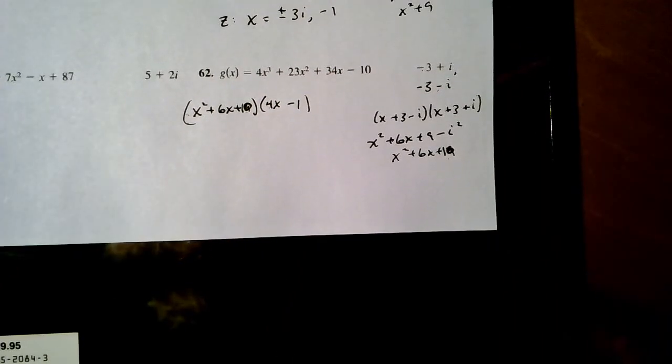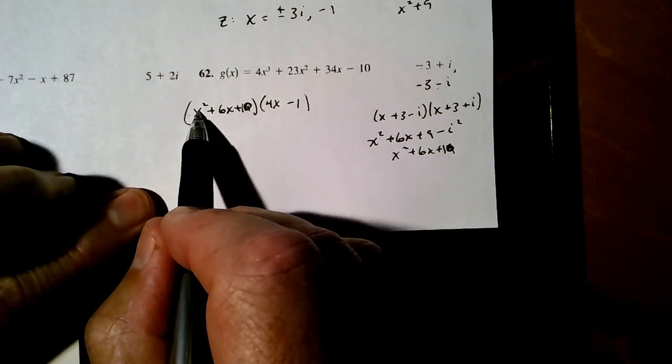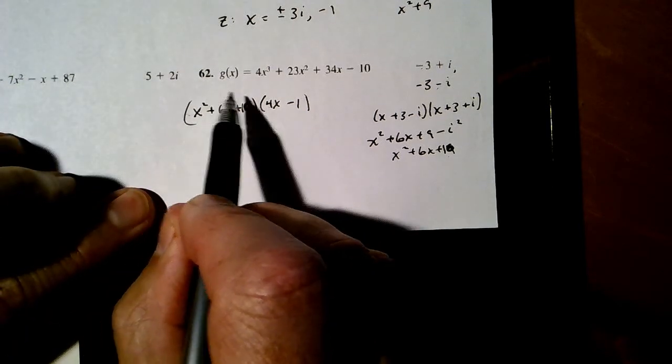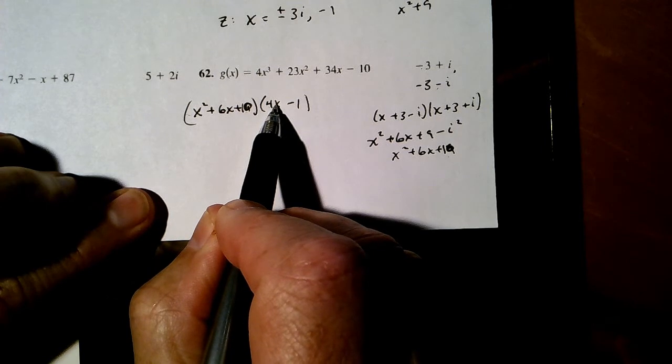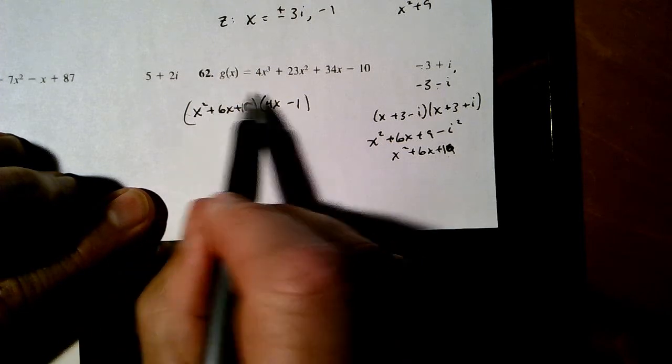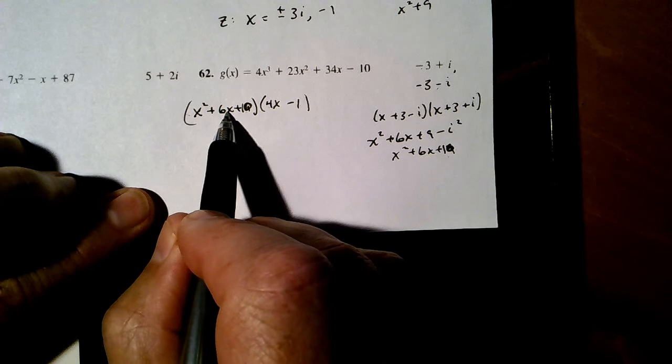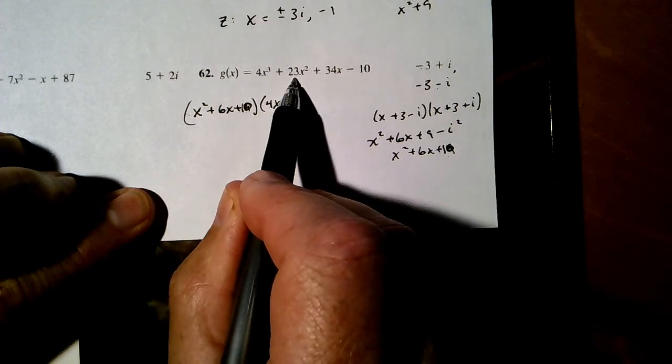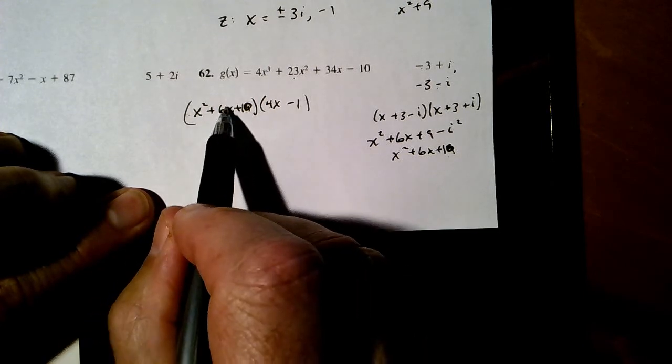Could that possibly work? What about the 23x squared and the 34x? Let's see. There is 4x cubed. How about x squareds? Minus an x squared plus 24x squared. Got it. How about the plain old x's?